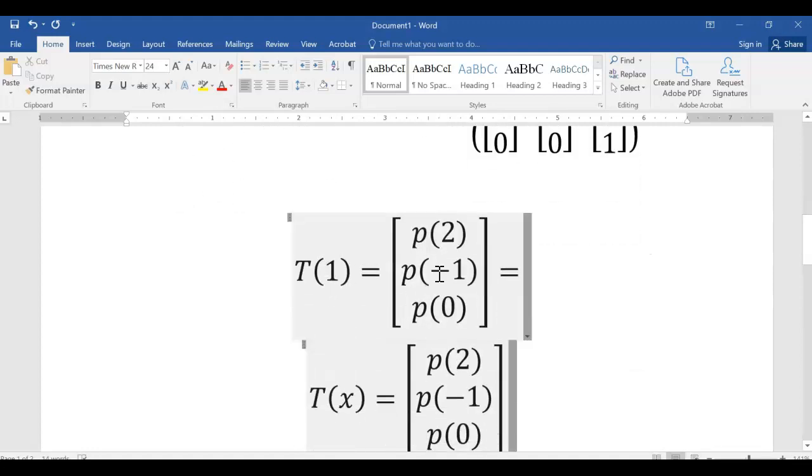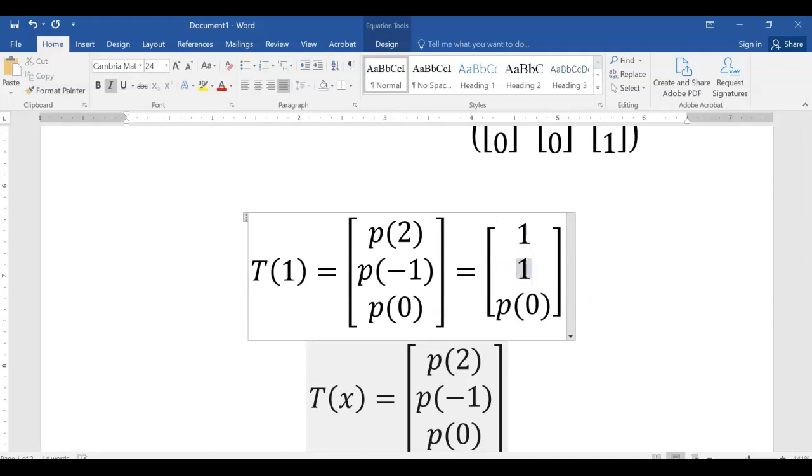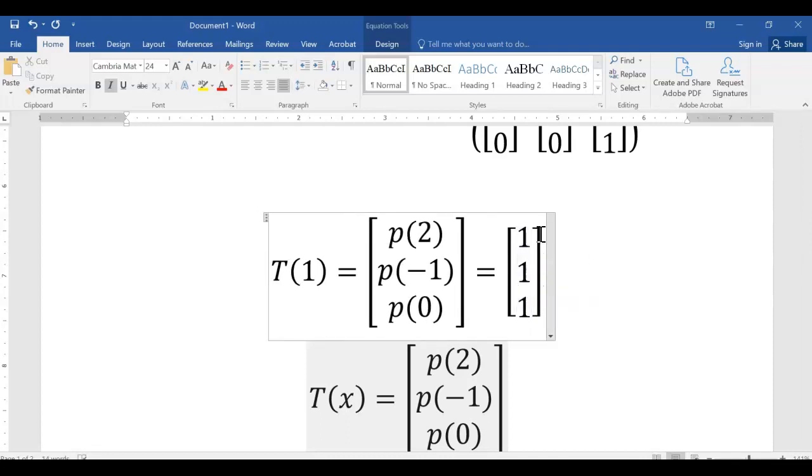If I take 1 and transform it, plug in 2, it should be fairly obvious what 1 does. You plug in 2, you get a 1. You plug in -1, you get a 1. You plug in 0, you end up with a 1. So 1 gets sent to 1, 1, 1.